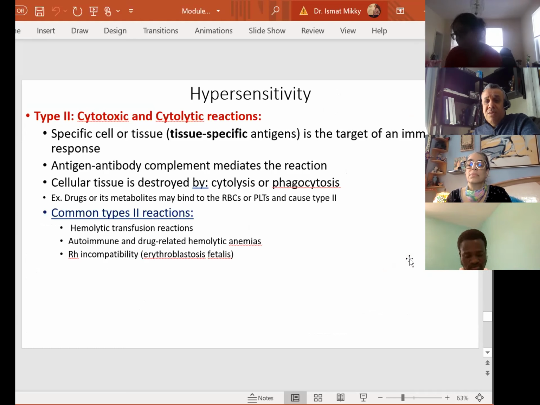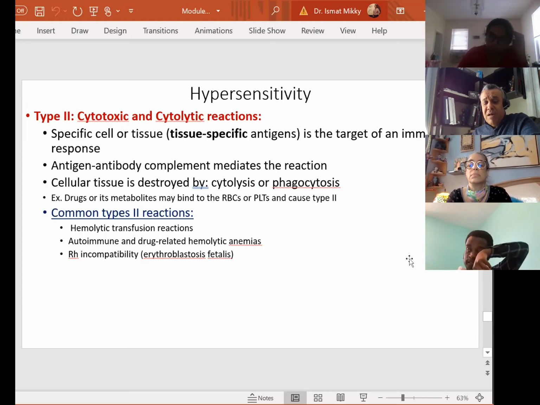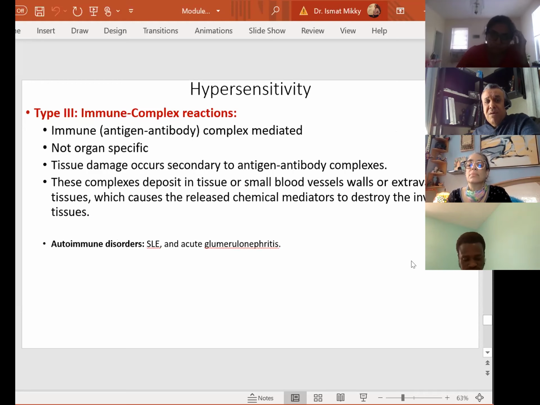Blood transfusion, any reaction to blood transfusion, it's type 2. Erythroblastosis fetalis, like the one I explained, the RH incompatibility. The mother's blood is RH negative, and the baby's blood from the father is RH positive, would result in a severe anemia or sometimes even stillbirth.